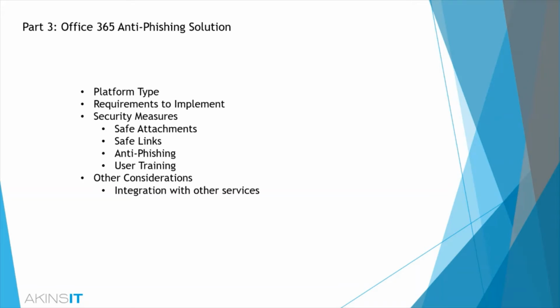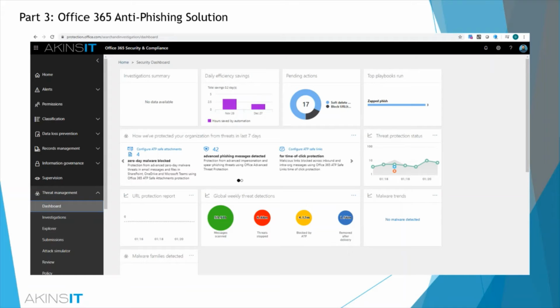Okay, part 3. Here we'll be reviewing the Office 365 anti-phishing solution, which is Office 365 ATP. We'll be reviewing platform type, requirements to implement, some security measures, such as safe attachments, safe links, anti-phishing, and user training, and then some other considerations, including integrations with other services. Office 365 ATP is a cloud-based email filtering service that helps protect your organization against unknown malware and viruses by providing robust zero-day protection.